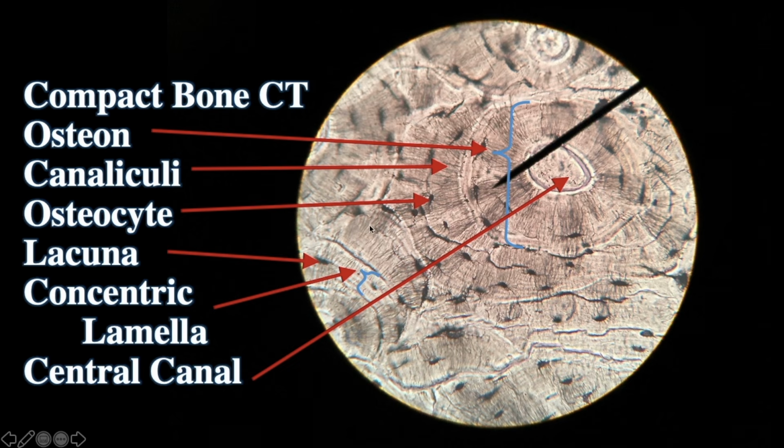If the question is what is the space that the bone cell is sitting in, then you would say lacuna. Lacuna. Here's one layer. Here's a concentric lamella. Okay, very good, you guys.